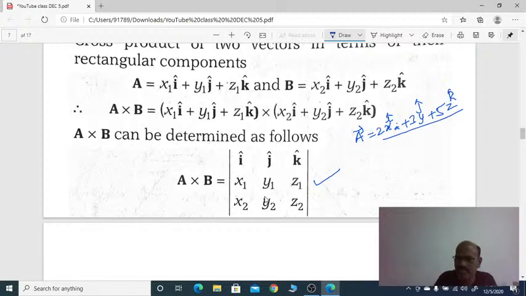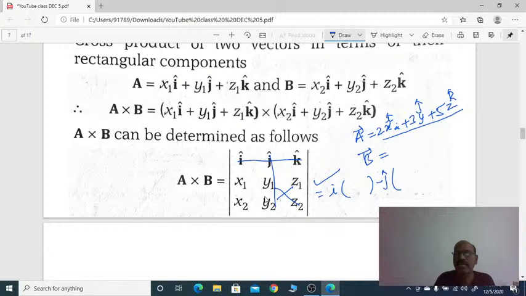If you use these unit vectors with two vectors given, then the cross product will be: i, j, k, x1, y1, z1, x2, y2, z2. Take i, multiply y1 z2 minus y2 z1, minus j, leaving that column, x1 z2 minus x2 z1.